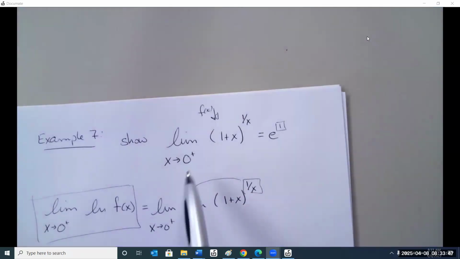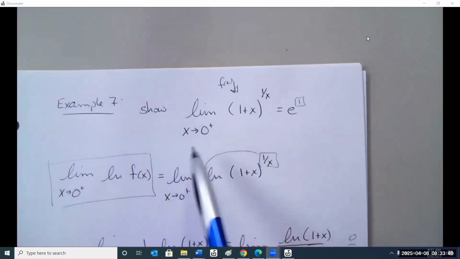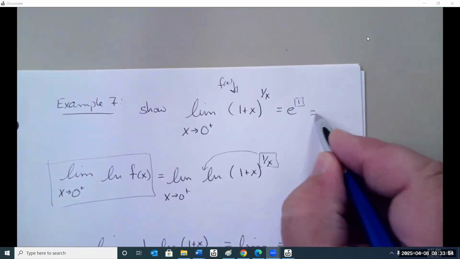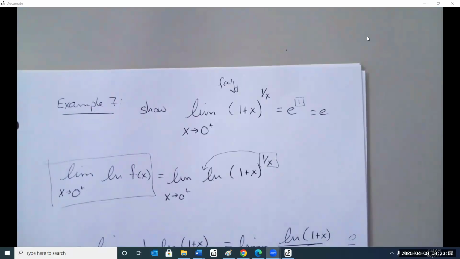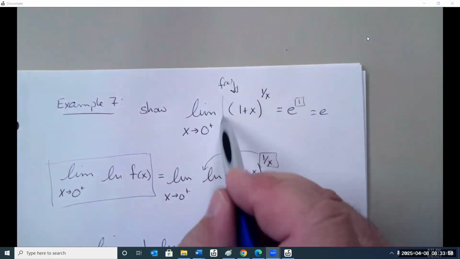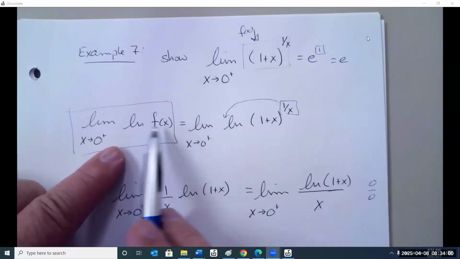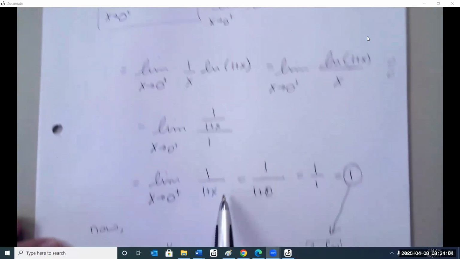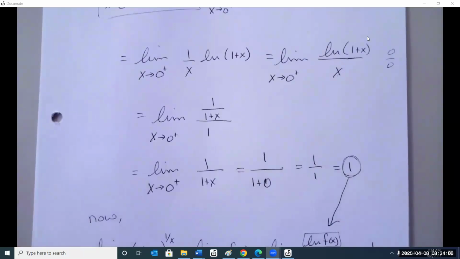That's what the question asks us to find. Use L'Hopital's rule to prove that this is equal to e. So what we have to do, we have to take our function, take the ln of it, and then find the limit of that. Use L'Hopital's rule.